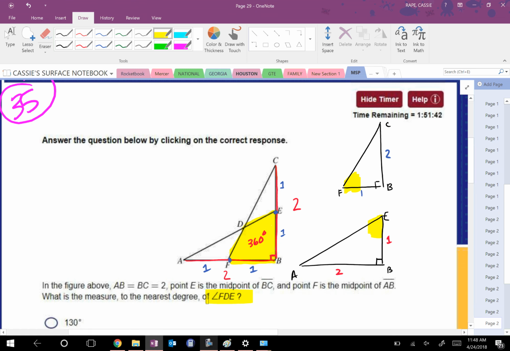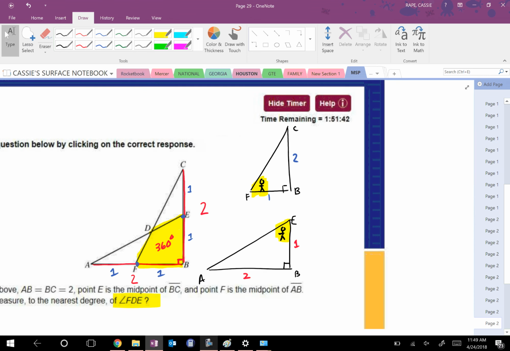So that's what I'm going to do. Keep in mind that for the angle you want, I always put little people there, because opposite and adjacent are dependent upon where you're standing. Your perspective is from the angle that you're looking for, the angle that you're using. Looking at this little man, if he's looking right there, that is not a hypotenuse, first of all, the 2. It is opposite him.